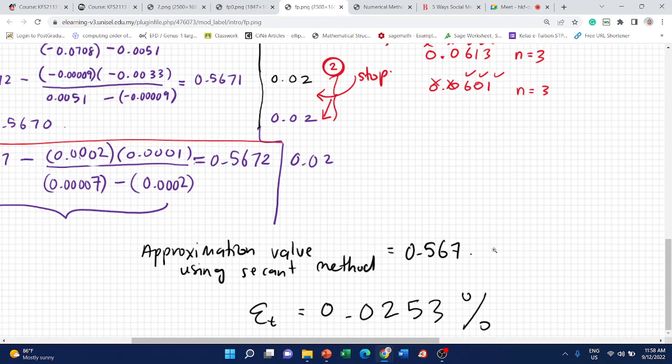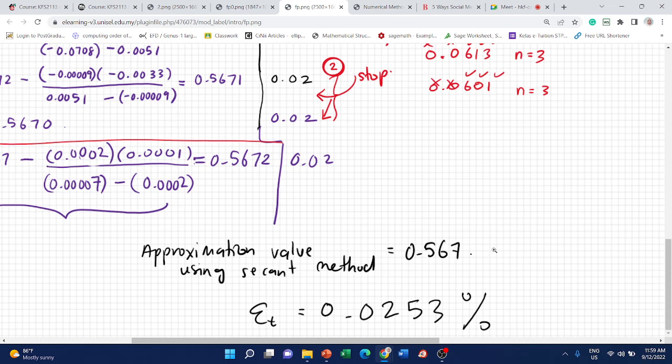So we need to say that the second method provides better accuracy because, you must have a reason. Why does it provide better accuracy? What is the reason? Because it has a lower percentage of relative error.